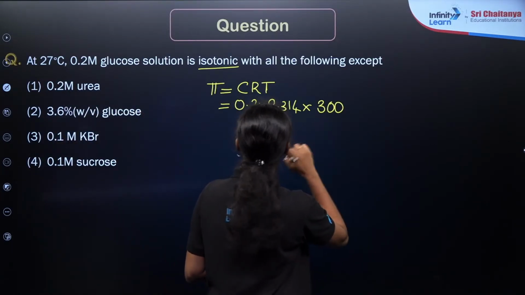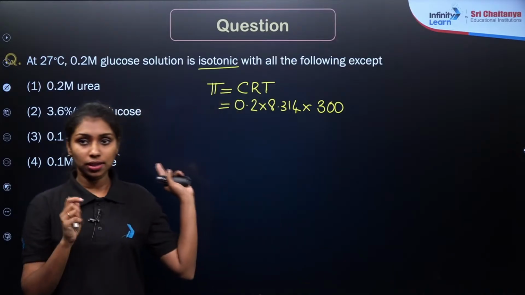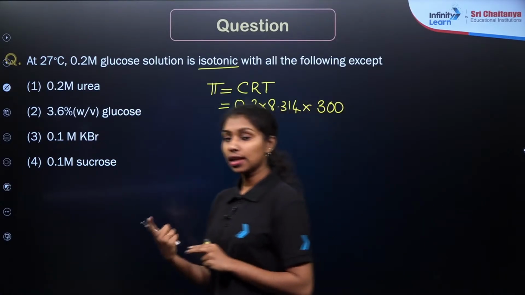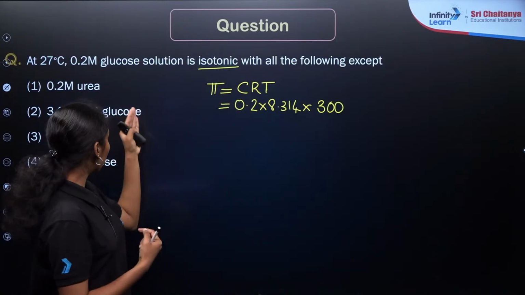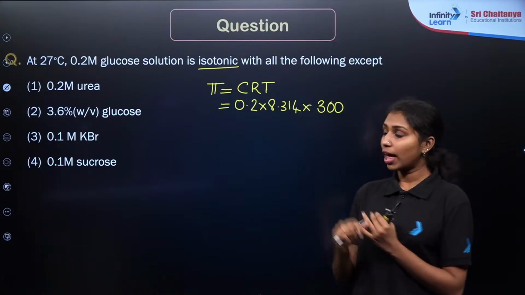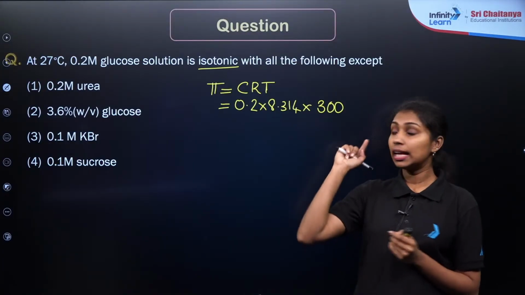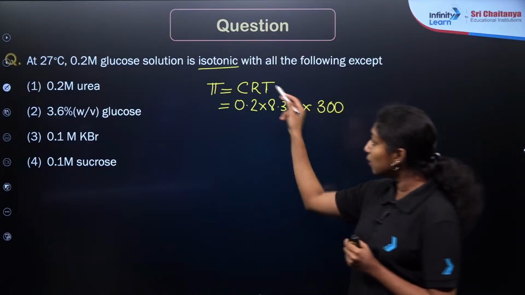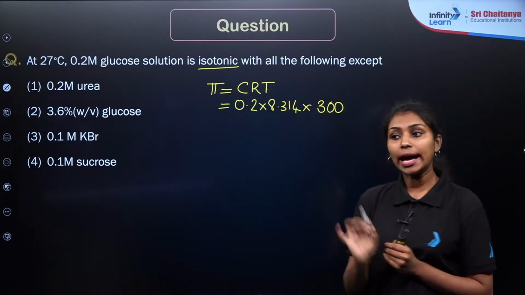This will be the value for osmotic pressure in the case of the first solution, 0.2 molar glucose. Now we need to check the osmotic pressure for all 4 options given here. The one point you have to keep in mind is that it is at the same temperature, so we can just neglect the value of R and T here.